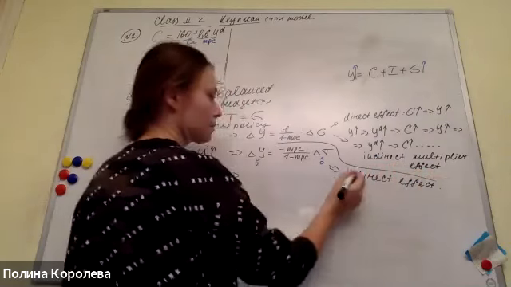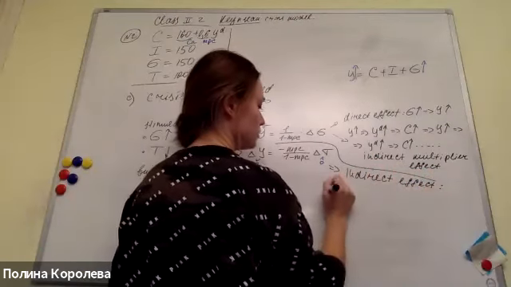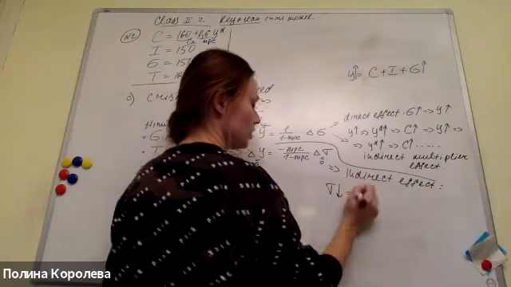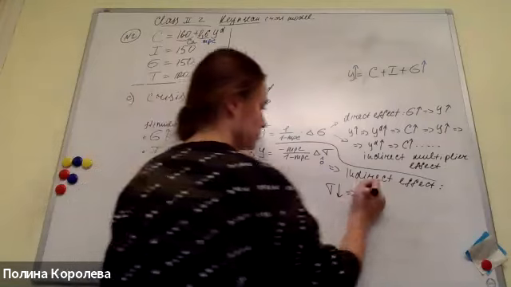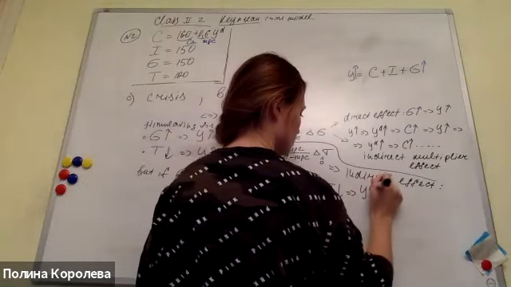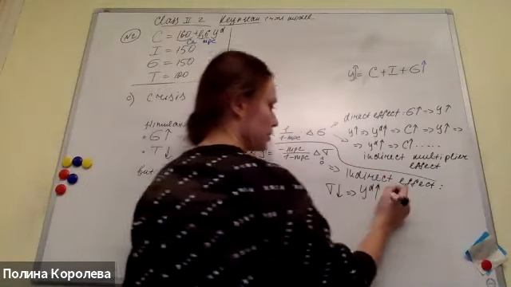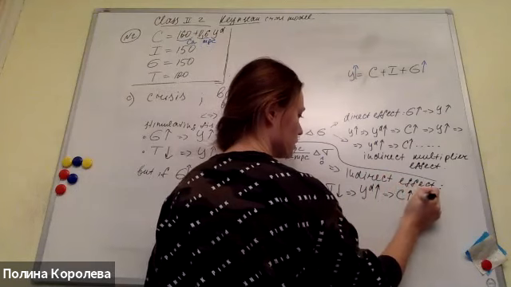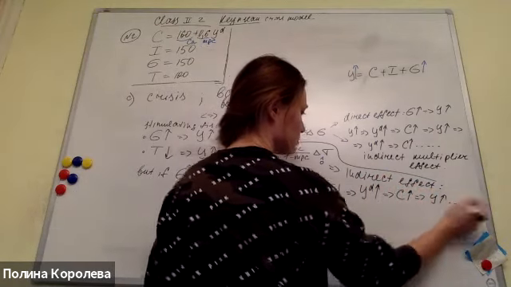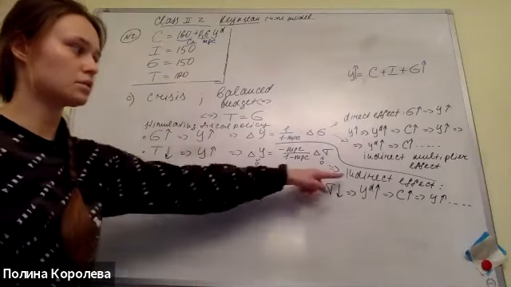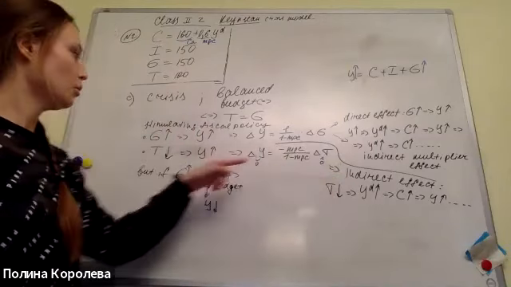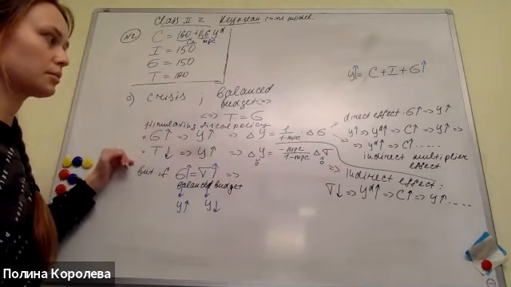Why? Let's explain. If taxes are lower, that means that our disposable income increases. And if disposable income increases, then consumption increases, then GDP increases, and so on. Only indirect effect.